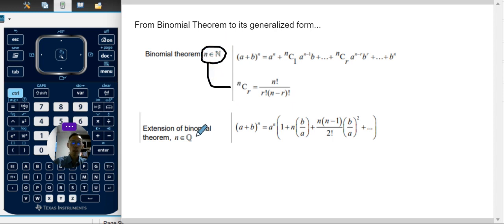Whereas in the extension of the binomial theorem, that is the generalized form, n here is any rational number, that can be positive or negative fractions, for example. So here is the form.